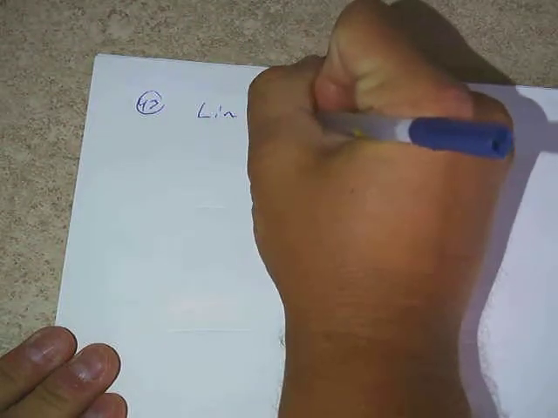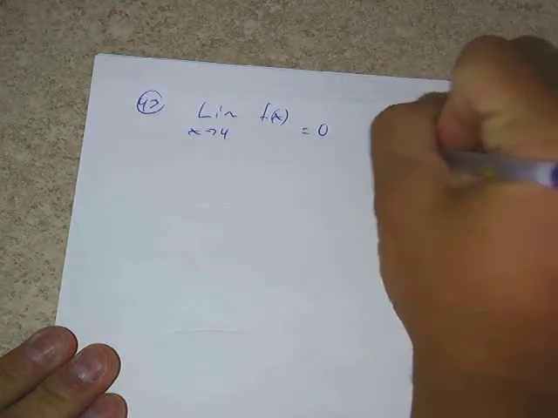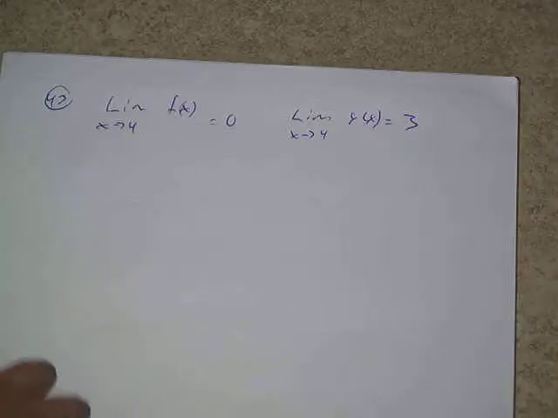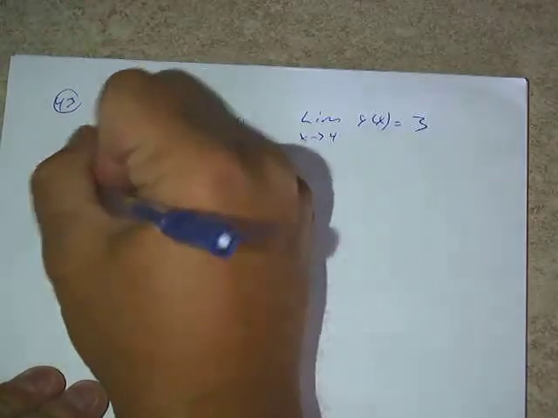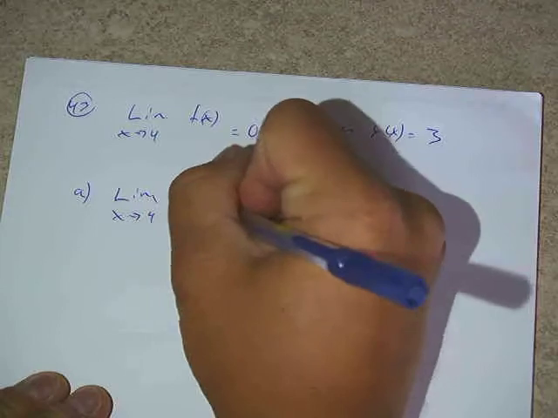All right, on page 43, we have some property problems. Again, they tell us that the limit of f of x as x approaches 4 is equal to 0, and the limit as x approaches 4 of g of x is 3.